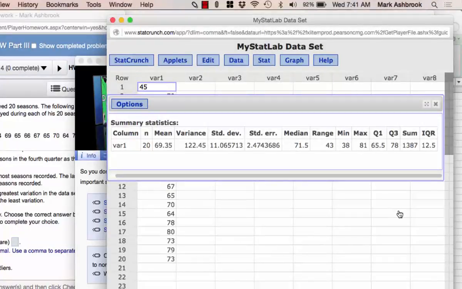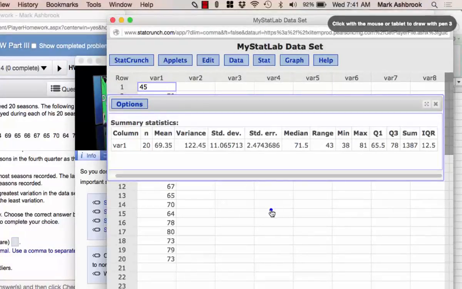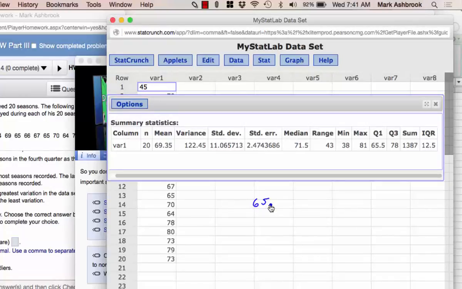Okay, so 65.5 minus 1.5 IQR, with IQR 12.5. Anybody got it? What is that? 18.25.